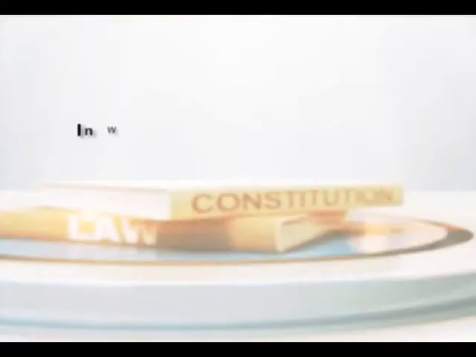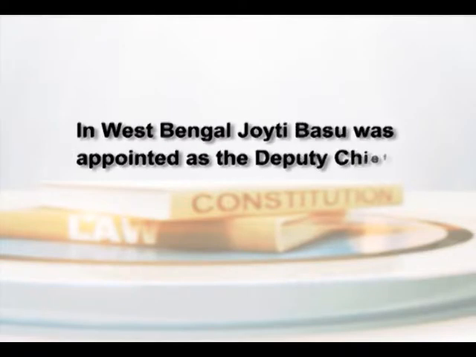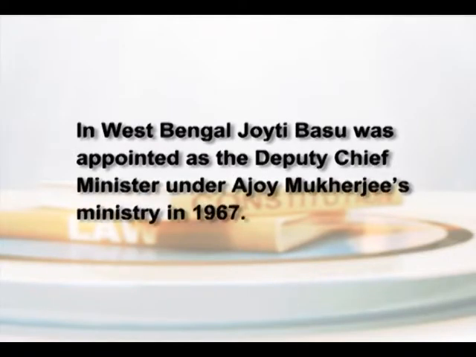One such instance could be noted in the state of West Bengal when Mr. Jyoti Basu was appointed as the Deputy Chief Minister under Ajoy Mukherjee's ministry. Again, in Kerala in the early 80s, in the Democratic Front ministry, Mr. Muhammad Koya was appointed as the Deputy Chief Minister of the state.